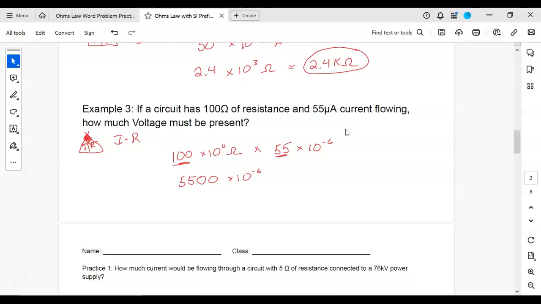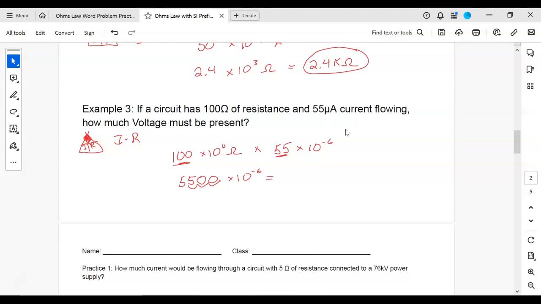Now, if I'm looking at this, this is not finalized yet because it's 5,500 times 10 to the negative 6. I can make this better. I can take some of these zeros off. So if I move this decimal place 1, 2, 3 to the left, then I can actually increase this from negative 6 to negative 3. We're getting closer to 0.